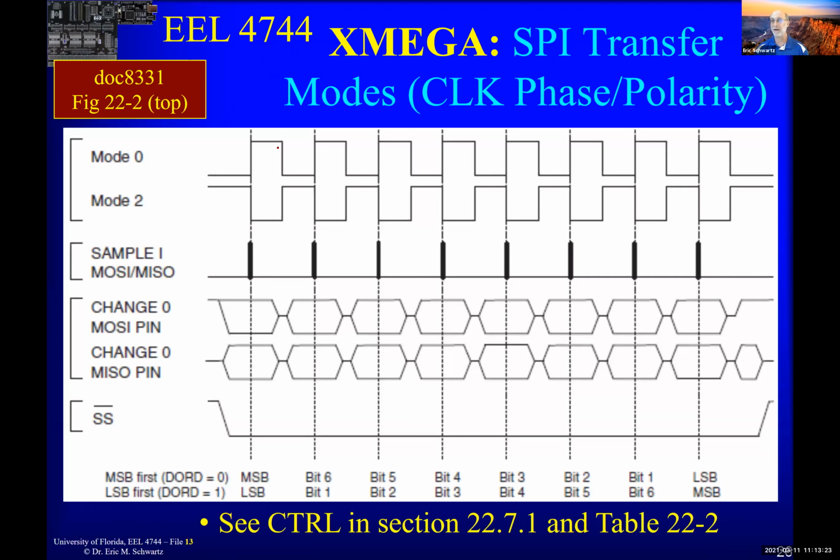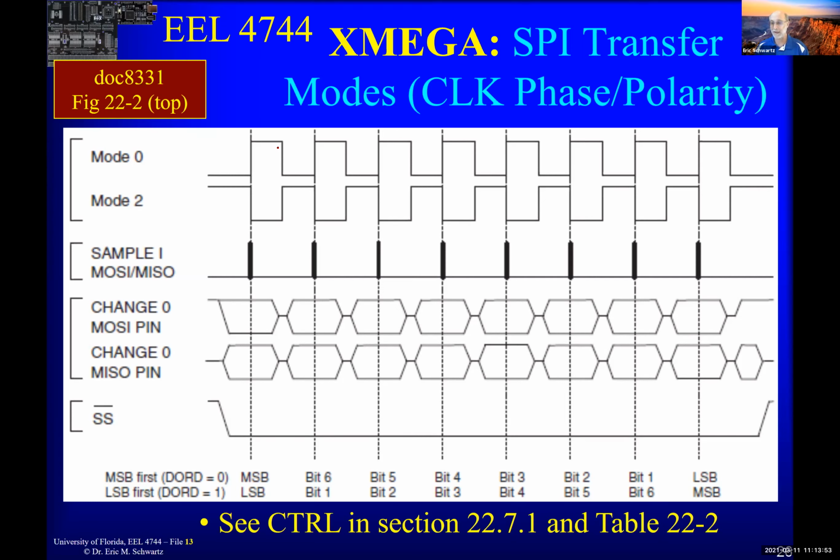Anyway, the phase and polarity gives every possible choice for which edge should sample a signal and what should be the default value of the clock pin when there is nothing happening. Because you want to sample on a rising or falling edge and you want a high or low default value if the clock isn't clocking, there are four choices. They call the things that allow you to choose those phase and polarity.